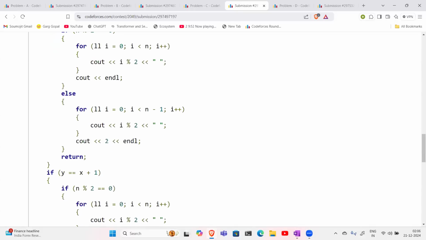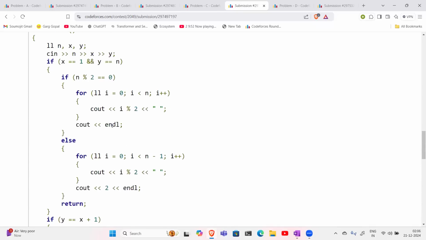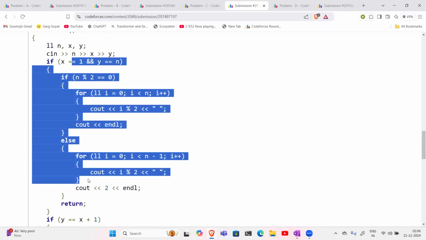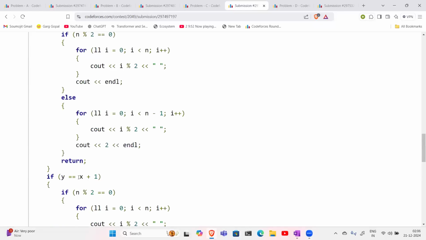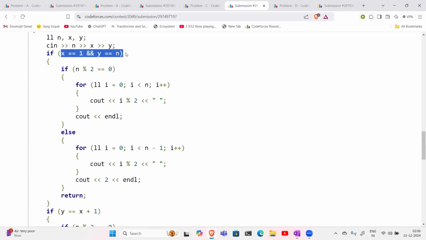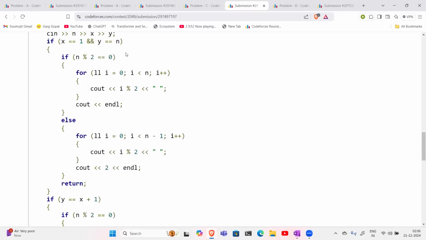And then finally the end node I have marked as 2, which was our logic, right? For odd length cycles, we basically mark one node 2, and for the rest of the nodes, we just keep it alternating, right? So this was our logic for x equal to 1 and y equal to n, because this is the case where basically x and y do not add any extra edge, right?